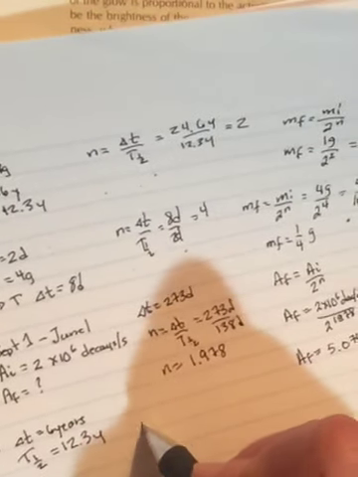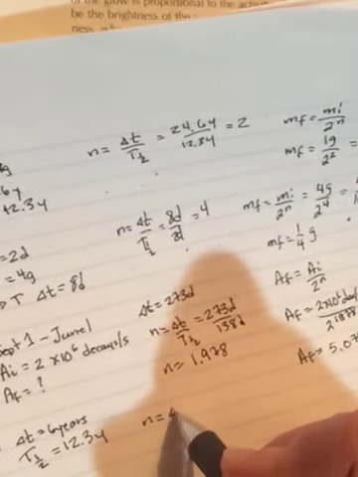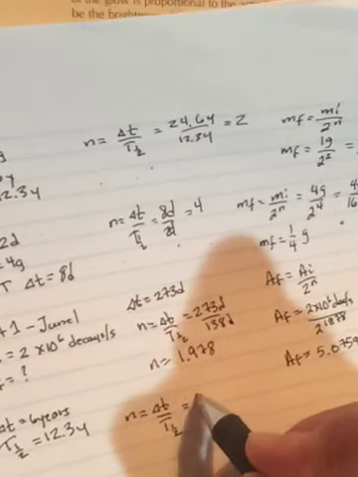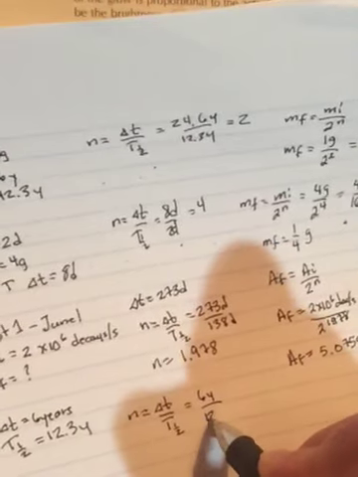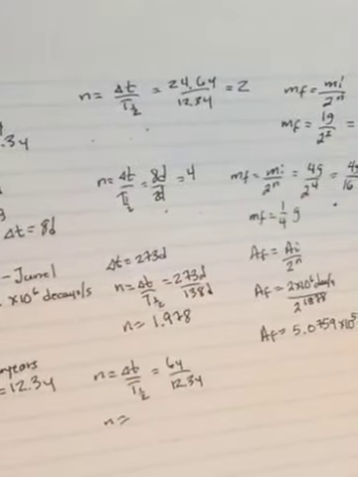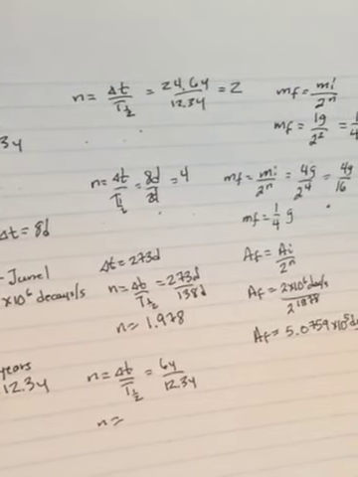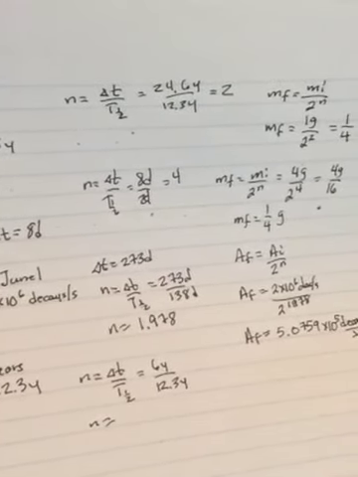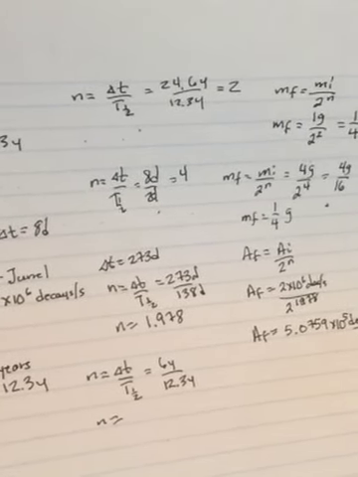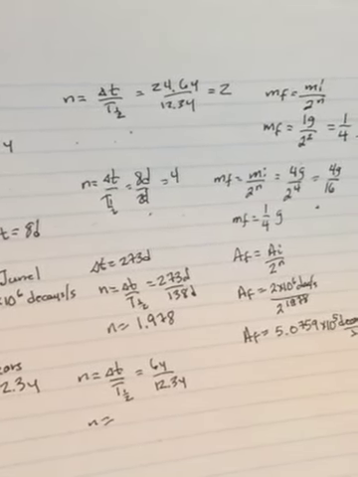So we can find the number of half-lives, again delta t over t 1/2. So 6 years over 12.3 years. So n is equal to 6 divided by 12.3, and you get 0.4878.